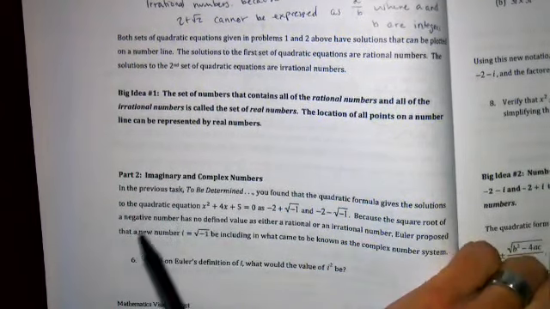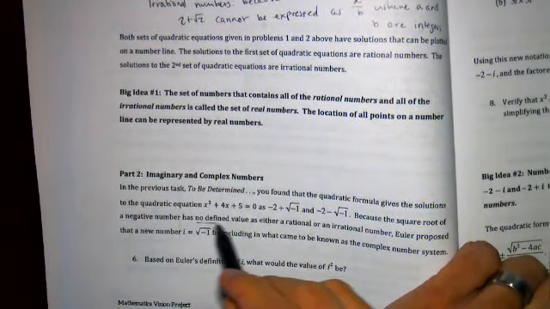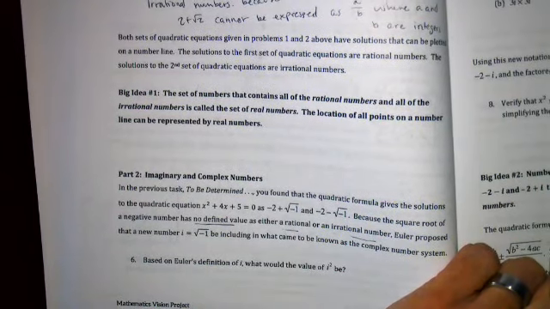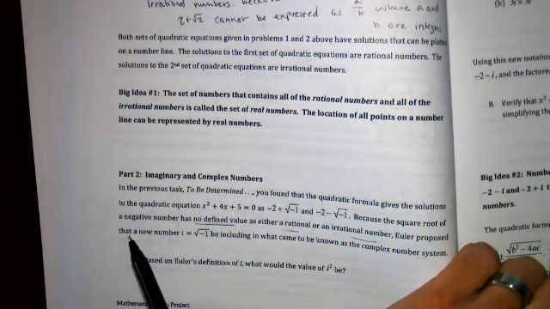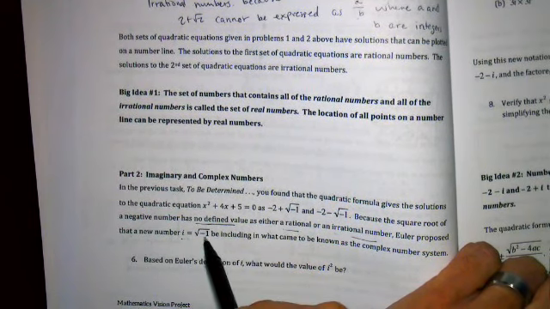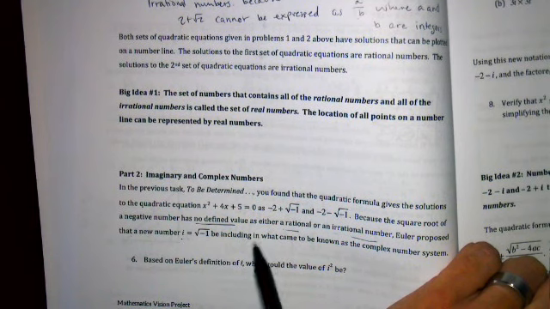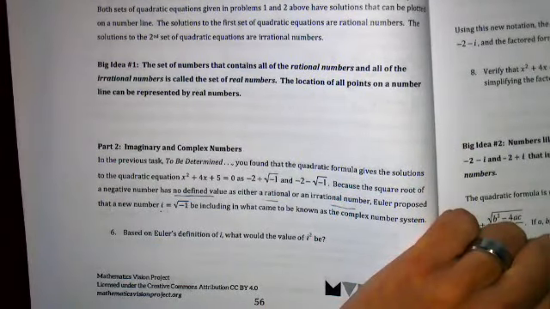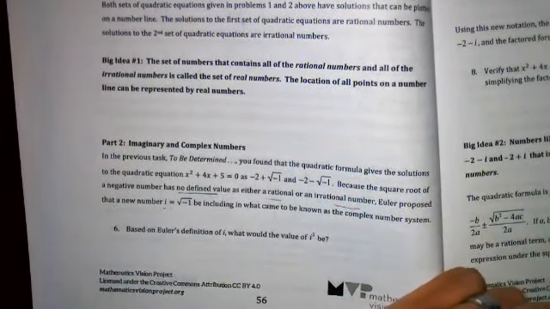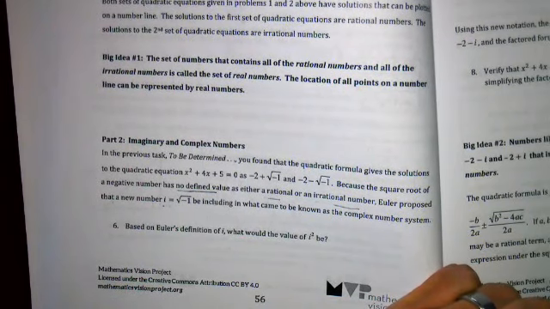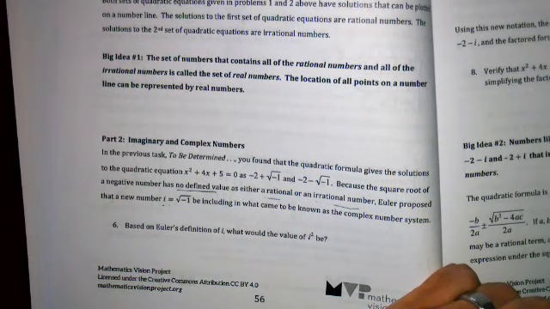Because the square root of a negative number has no defined value as either a rational or an irrational number, Euler proposed that a new number called i would be used to equal the square root of -1 in what came to be known as the complex number system. Okay, there was this famous mathematician, his name was Euler. He was a genius, and he basically said, let's invent a new number for the square root of -1.